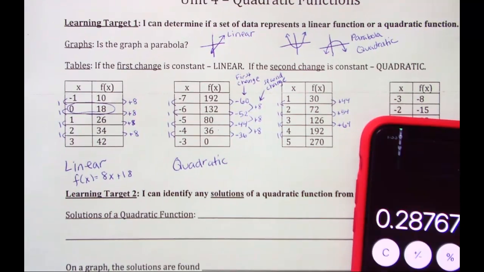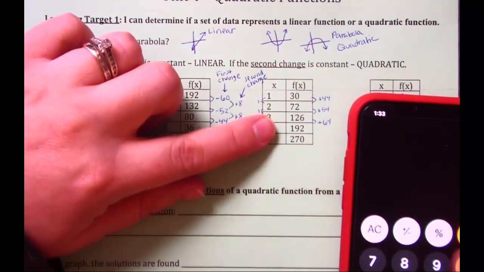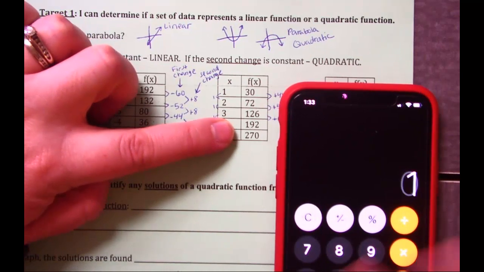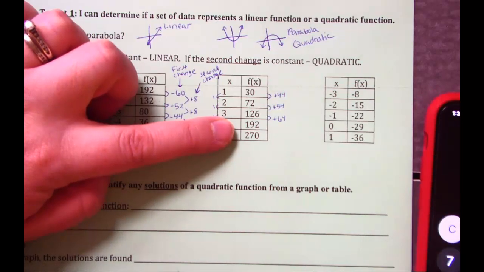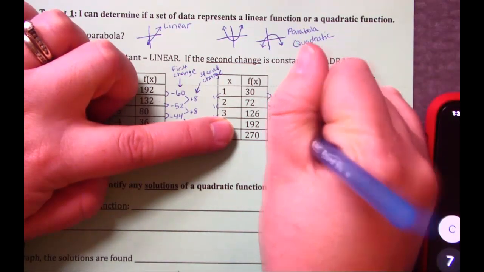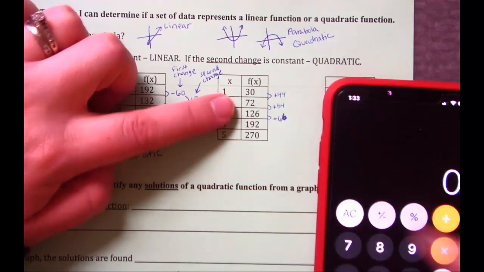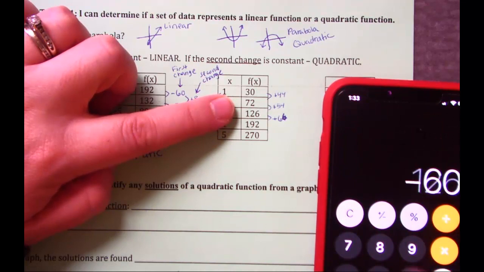If you're not sure, because I always have a hard time doing math in my head when it comes to numbers like this, I can always take the one below minus the one above. I'll double check this one. 126 minus 72, 54.